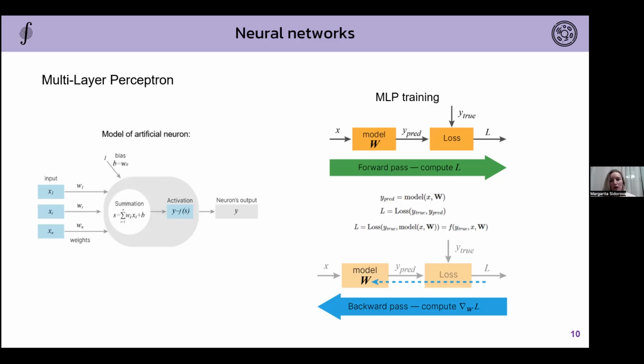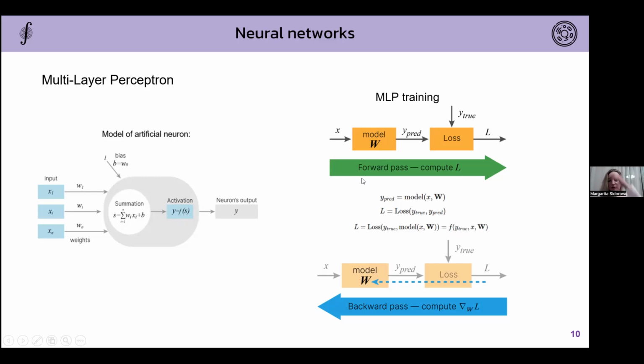Why nonlinear? Because we have several layers of neurons, and to make a nonlinear combination, we need a nonlinear activation function. Otherwise, if it were linear, there would be no sense in having the whole network. So we have a nonlinear activation, and by that we get some output.